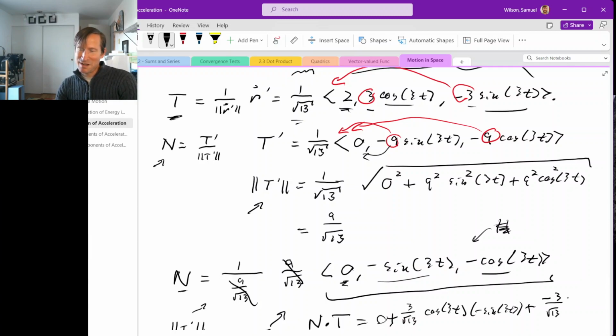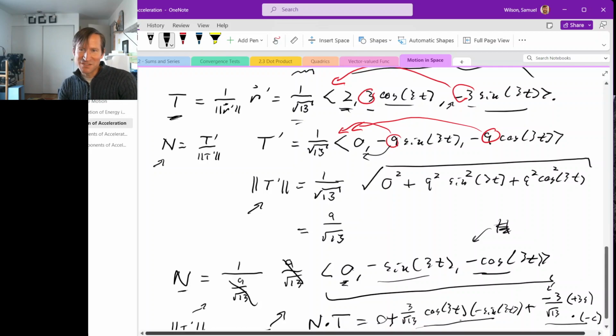I'm running out of room, so let me write minus 3 sine times, oh, I already picked up this minus sign. I moved it out front, right? So I already got that minus sign. So minus 3 sine times, and then there's a minus cosine. If you look at this, this one and this one are negatives of each other, so these add up to 0. So n dot t really is 0, and so n and t really are perpendicular, and of course n is unit length because, well, look at it. You can use the magnitude formula.